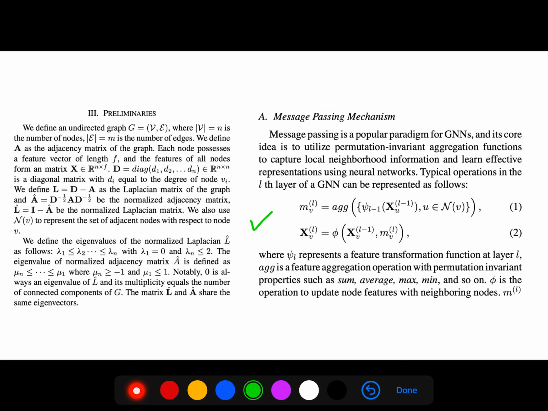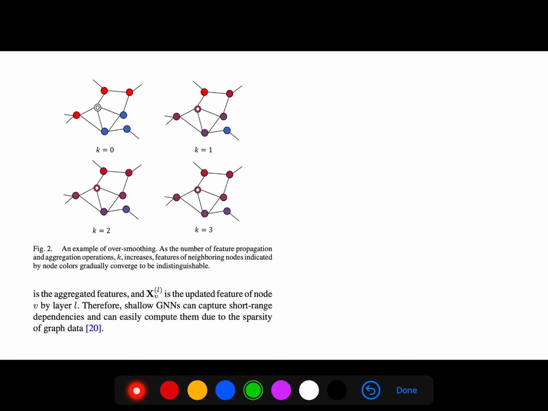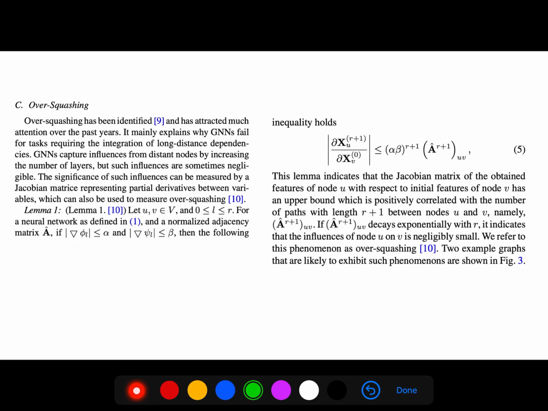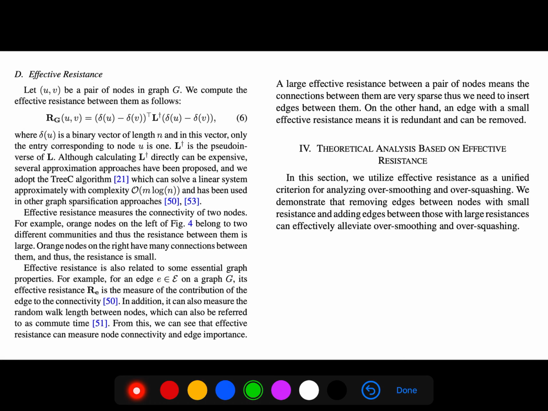And this is the message passing mechanism that you are familiar with. Graph neural networks have the problem of over-smoothing because the difference in features between pairs tends to be 0. And similarly, over-squashing happens in graph neural networks.